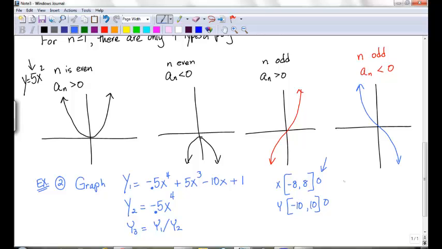Then do that window: negative 8 for the x min, 8 for the x max, and turn the tick marks off to 0. Then negative 10 to 10, tick marks to 0. And on this one, go ahead and graph. Oops, my axis is off. If your axis is off, turn it back on.